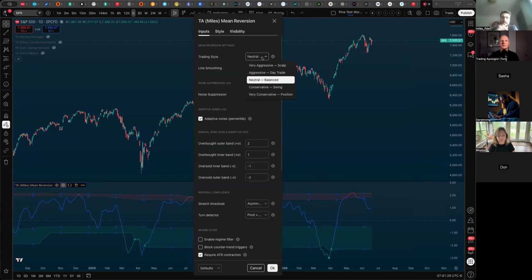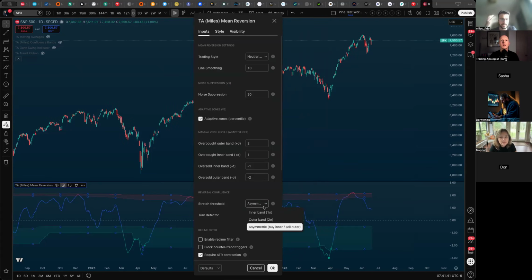If I'm looking at something more choppy, I might go to the outer bands, and that will actually take out a lot of noise because I don't like the 2-day trades necessarily myself, right? So that's something that I have in my default Tesla one, where I usually just go with outer because we do get a lot of choppiness, but I would not use outer, for example, in the S&P.